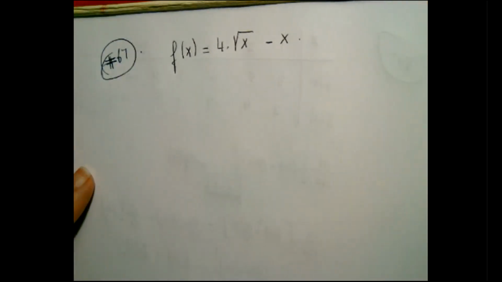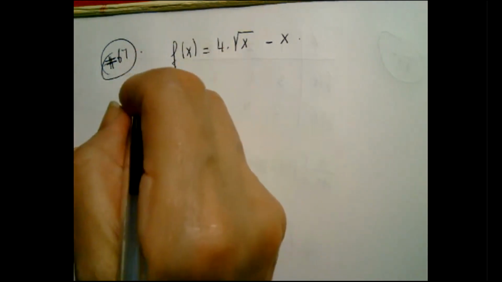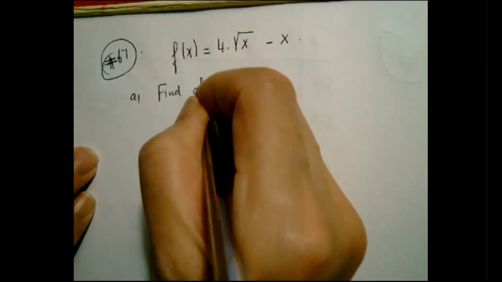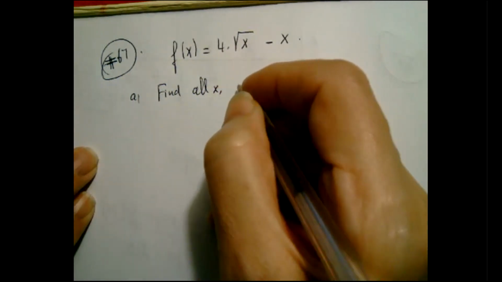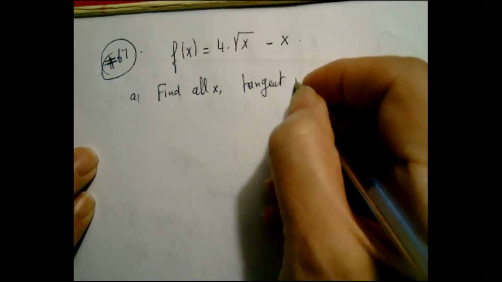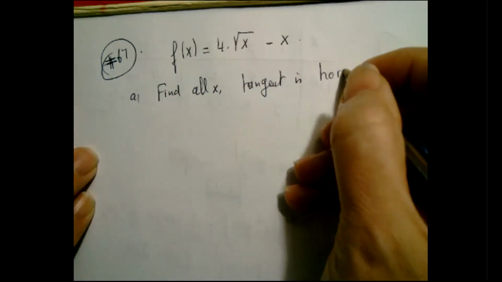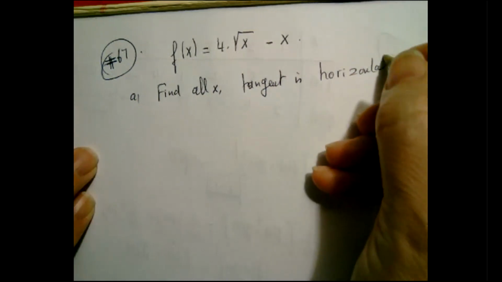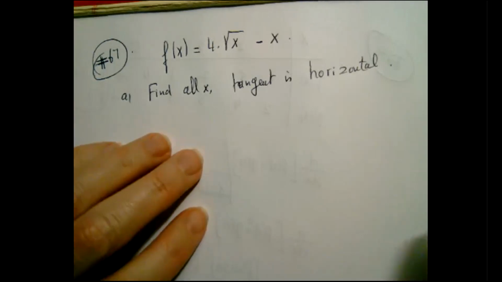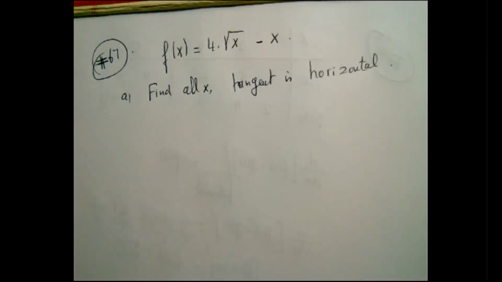And the first question is find all values of x where the tangent is horizontal. So why do we always ask those questions? The tangent is horizontal. Why are those important?